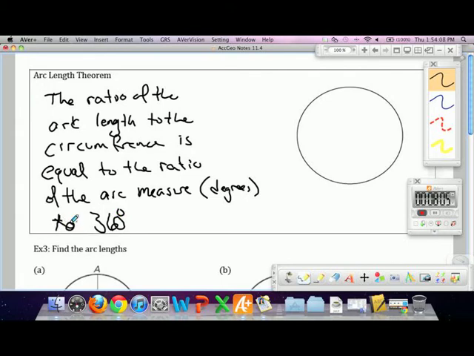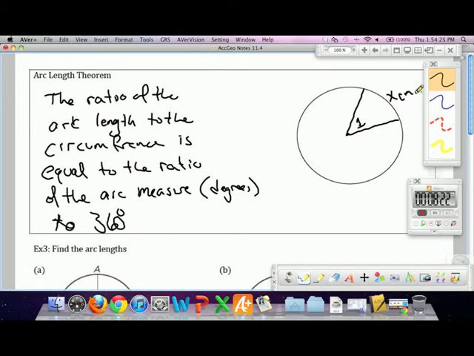Or maybe a picture of this might help. I call this, say, arc 1.